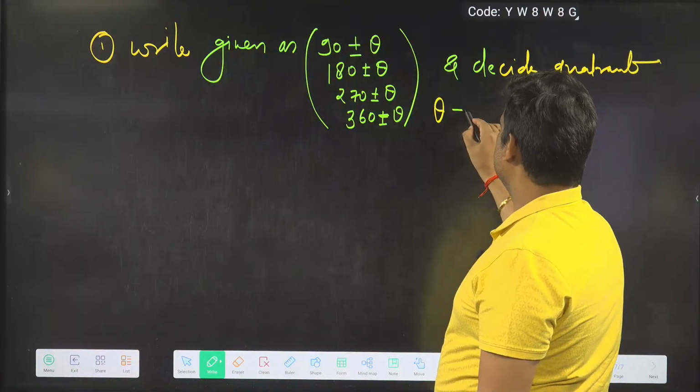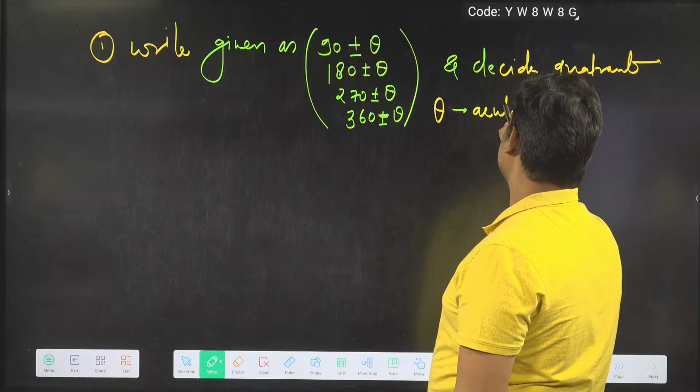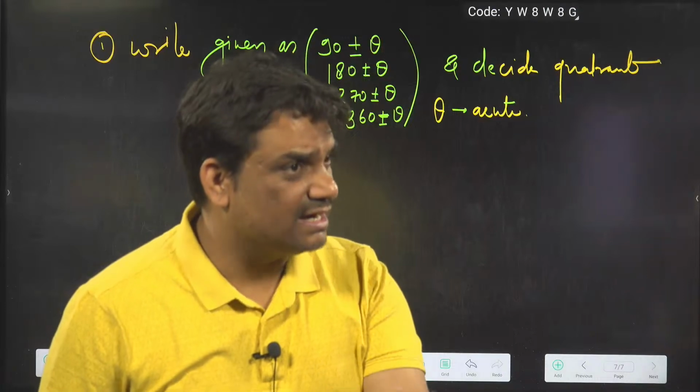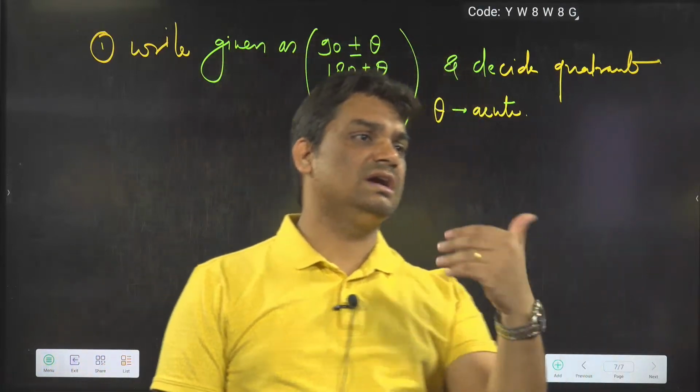Here theta is always acute. You have to write like this, that theta must always be acute. Acute means less than 90. You have to decide which quadrant it will lie in.